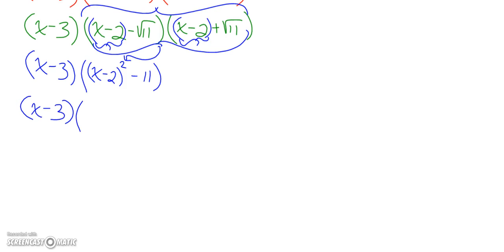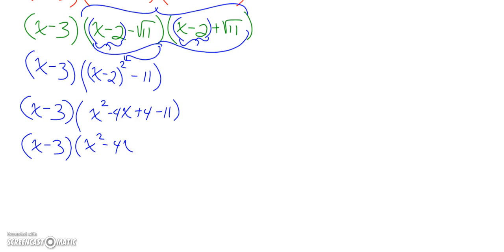If I FOIL this x minus 2 squared, that's x squared minus 4x plus 4 minus 11. So I could combine like terms. You might have been able to do that step in your head. Minus 4x minus 7. And then the last part to this would be to FOIL this one more time.